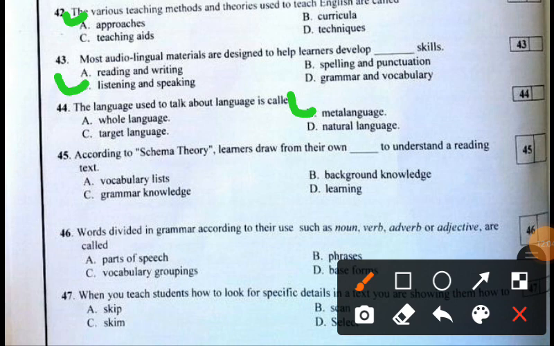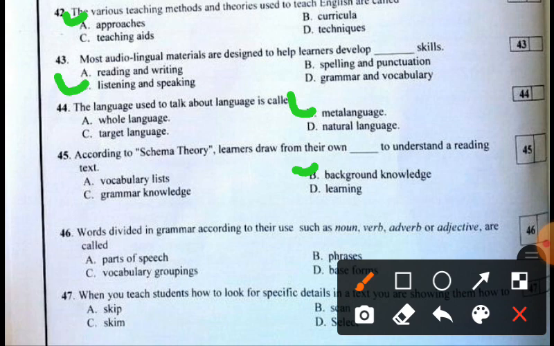According to schema theory, learners draw from their own vocabulary lists, background knowledge, grammar knowledge, learning to understand reading a text. So here, background knowledge is the right answer, B. Schema theory is a background that students use to understand the text they are required to study.